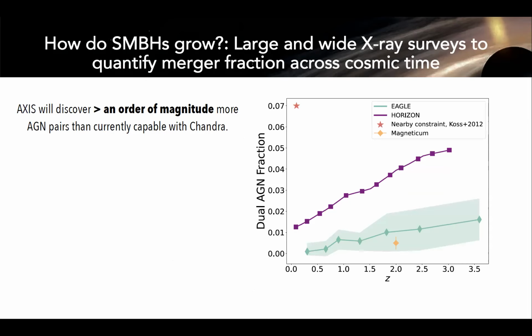These are results from various hydrodynamical simulations shown in the purple and in the green. And then we also have a nearby constraint that you can see is much higher than what the hydrodynamical simulations predict. But as of right now, we don't really know what to expect when it comes to what the dual AGN fraction should be as a function of cosmic time.